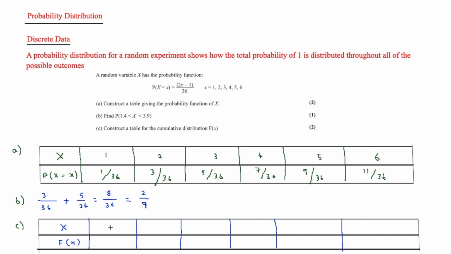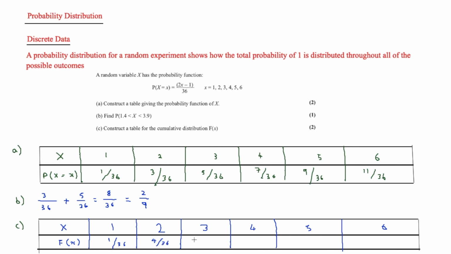So we have the same top, it's going to be 1, 2, 3, 4, and then 5 and 6. But this time it will just be adding everything up. So we'll start off, 1 will be the same, 1 over 36. Then it's going to be 4 over 36.